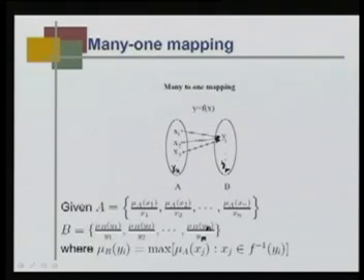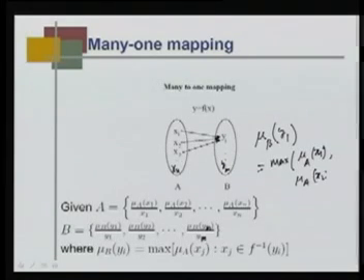So, that is the maximum of mu A(xj), where xj belongs to f inverse of yi. For example, in this case, if I want to find out mu B(y1), it has to be the maximum of mu A(x1), mu A(x2) and mu A(x3).